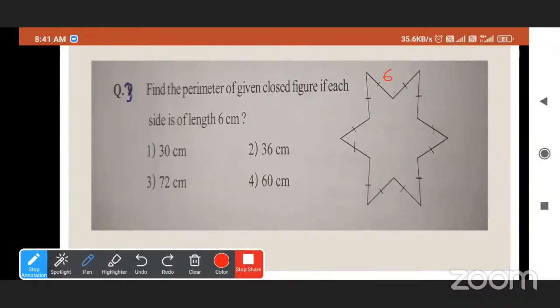There are 12 sides and all sides are equal. Length of side is 6 centimeters. So 72 centimeter. Easily we will multiply 12 by 6 to find out the perimeter, 72 centimeters. So the third option is right. Very good.